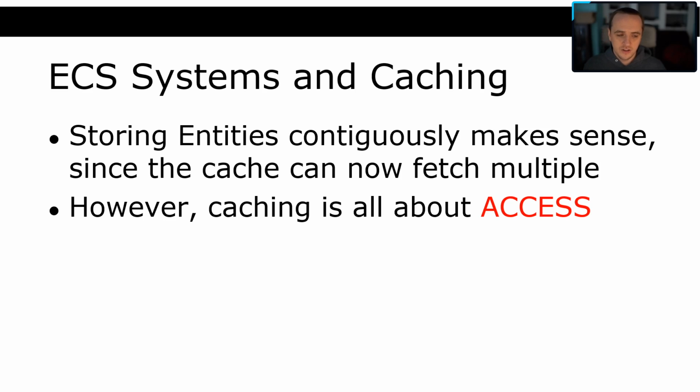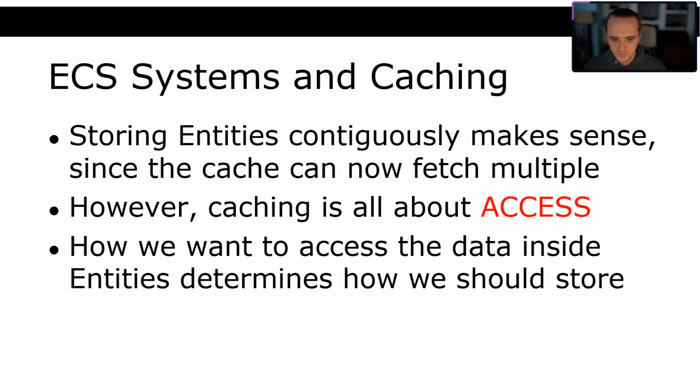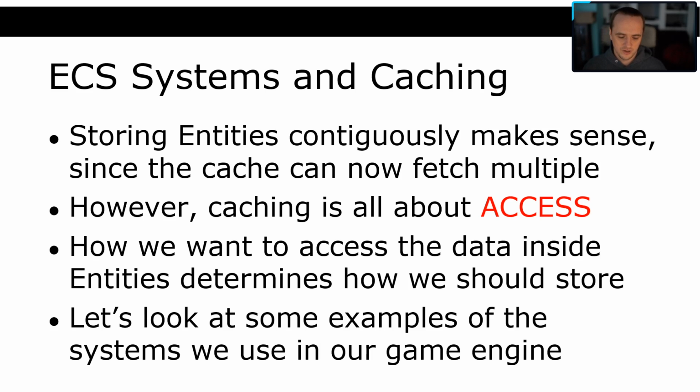How it's stored is very important, and our intuition is very important, but it's really all about how we access the data. And so how we want to access the data inside the entities determines how we should actually store those entities. So let's look at some examples of the systems that we use in our game engine. Because if we do an analysis of the systems, that shows us our access patterns of the data within the entities. Okay?